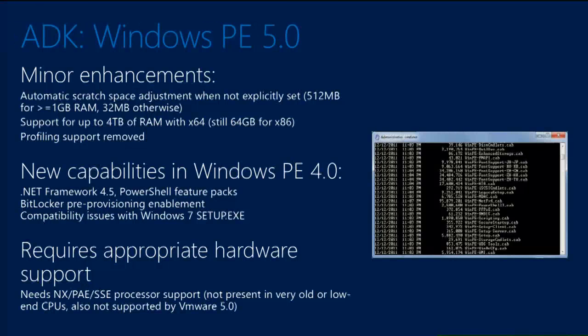There's still support for BitLocker pre-provisioning. That was a new feature added in Windows PE 4.0. That really doesn't change in 5.0. The advantage of that is we can enable BitLocker while we're in Windows PE for a new computer deployment, telling it to only encrypt used space, of which there is none at that point because there's no OS yet. But then we can apply the operating system image to that encrypted disk, encrypting the OS data on the fly with almost no performance hit.